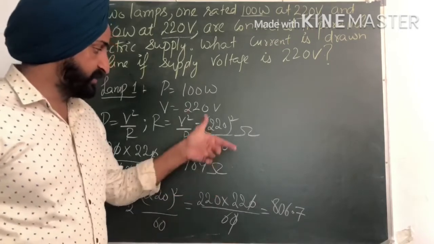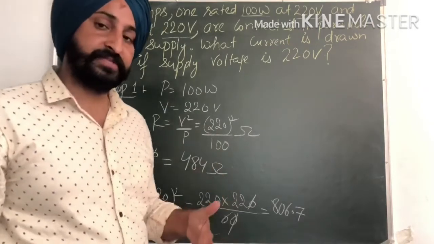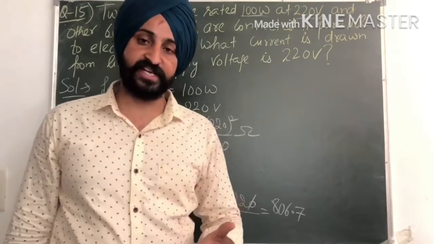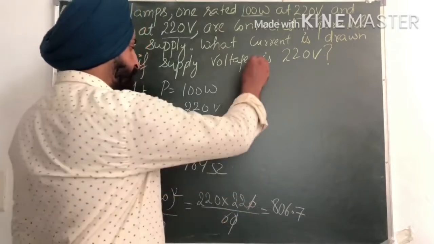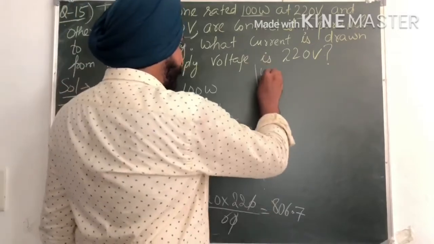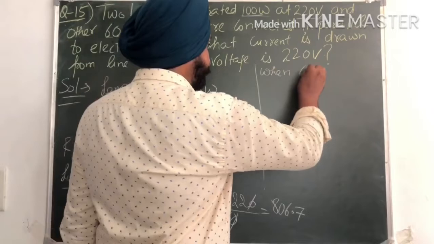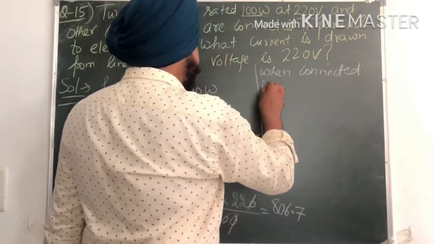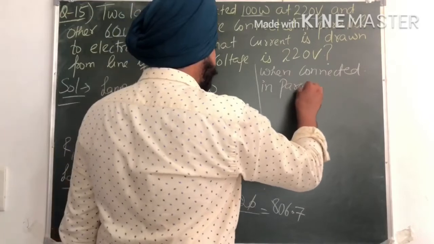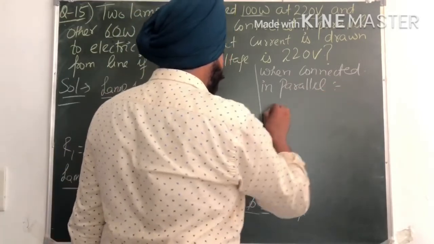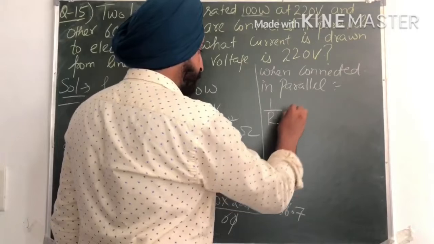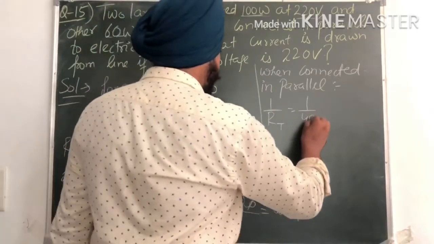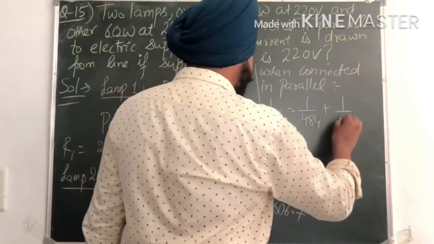Now both of these lamps are connected in parallel. So I will be calculating their net resistance when these are connected in parallel. The net resistance would be equal to the resistance of the first, that is 484, plus the resistance of the second.